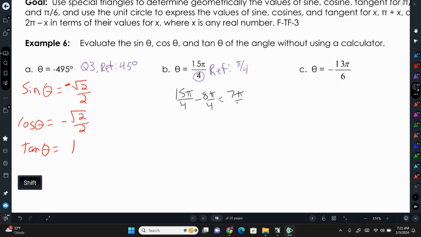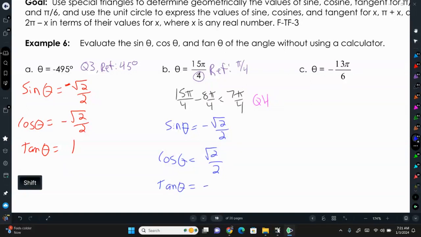That's 7 pi over 4, which we know is in quadrant 4. So sine theta is going to be negative square root of 2 over 2. Cosine, though, in quadrant 4 is positive, and tangent is negative in quadrant number 4.